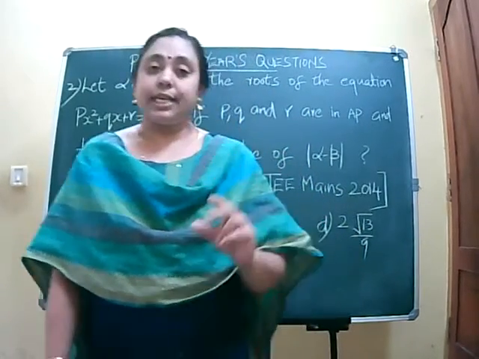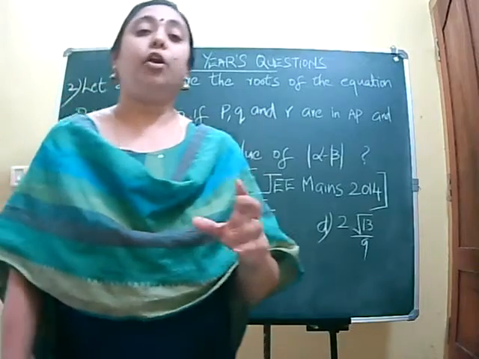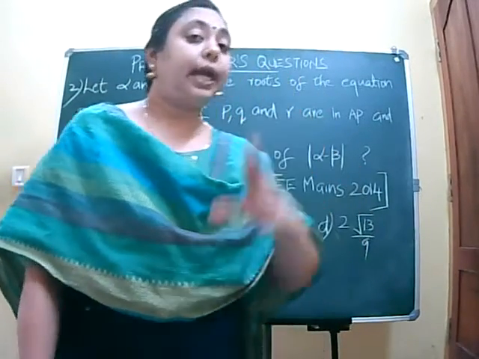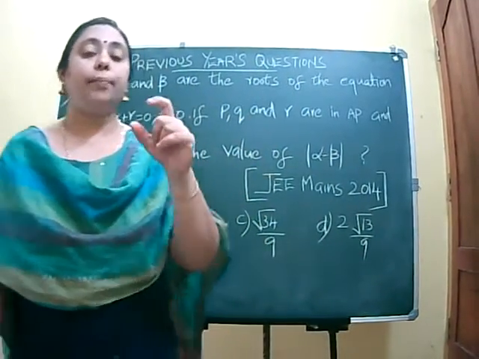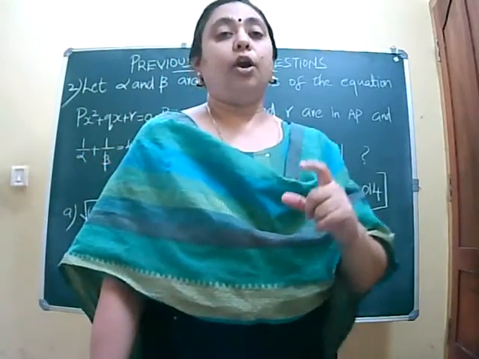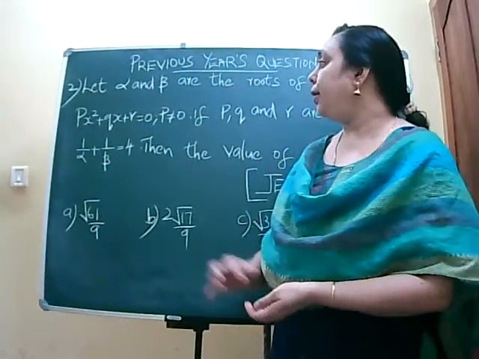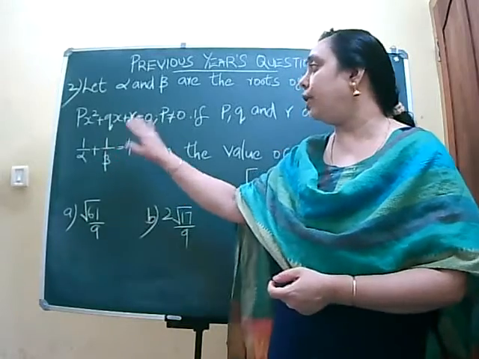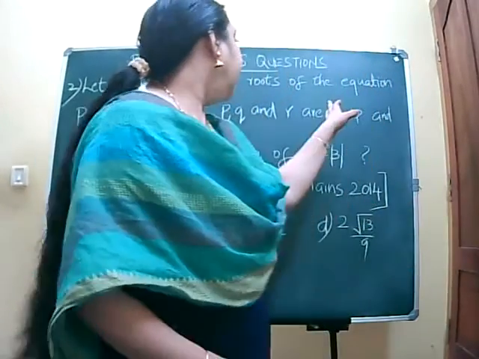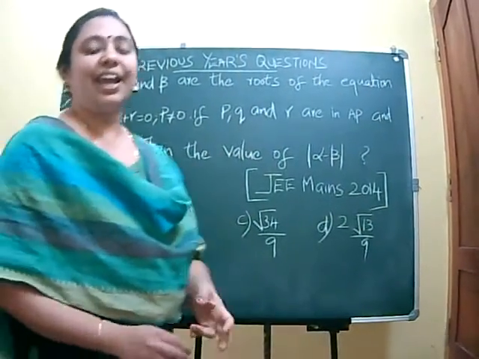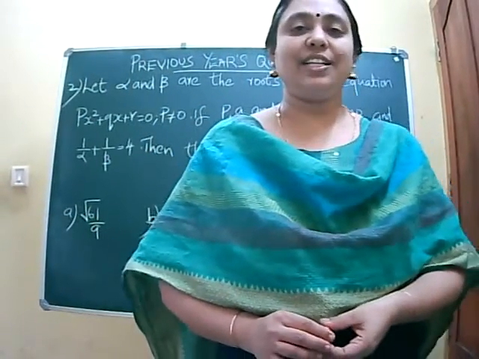Okay, that is the procedure. First of all, you try to find out the sum and product of the roots of the given quadratic equation using the given conditions. Just try yourself and you will see after 5 minutes.